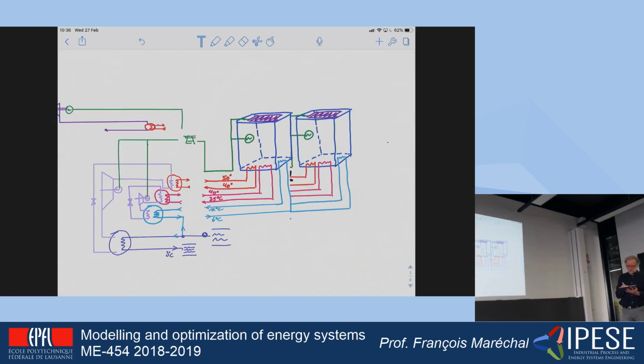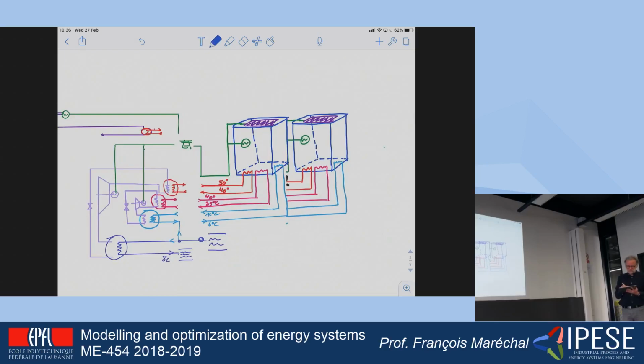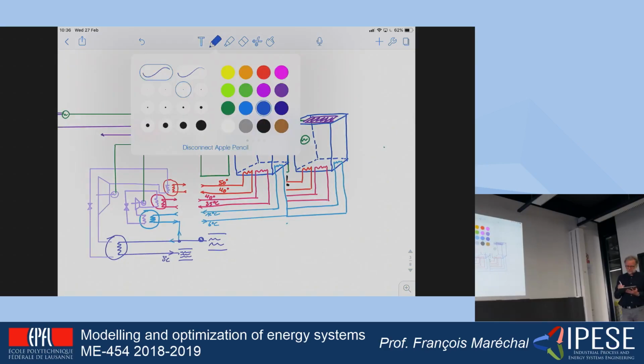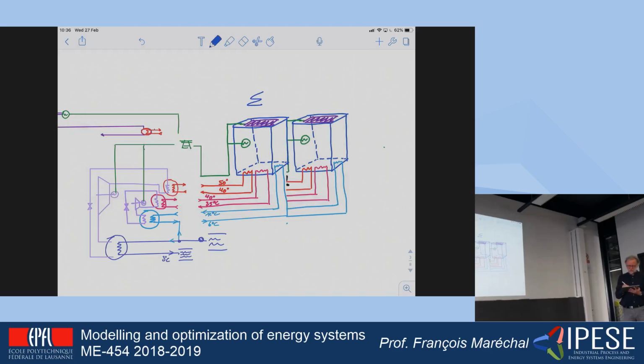So this will be the sum of all the heat load on each building, so over the building, okay, of each building on a different distribution system at a given time, to know what is the amount of heat that needs to be distributed at a given time in a given building, in a given distribution system.